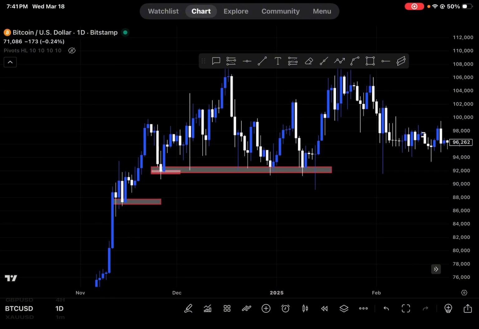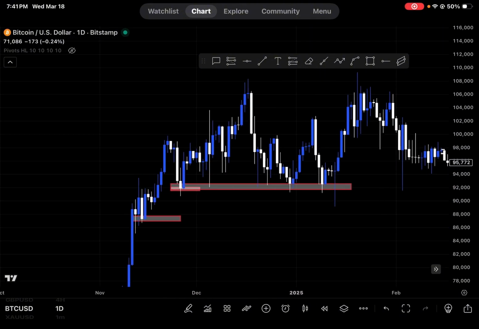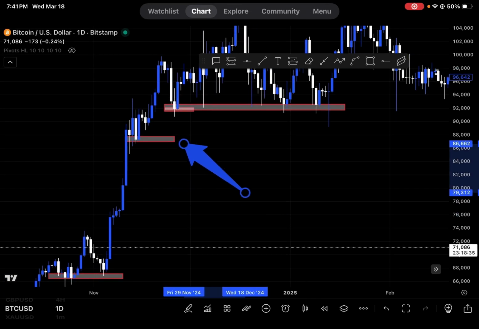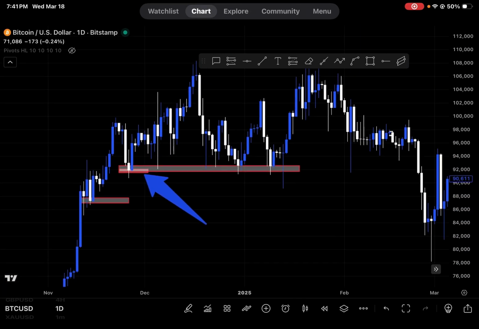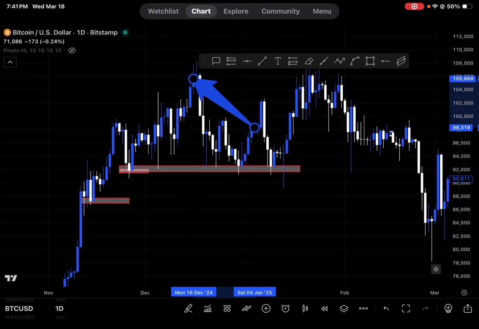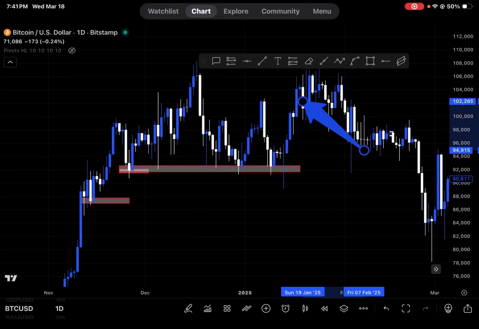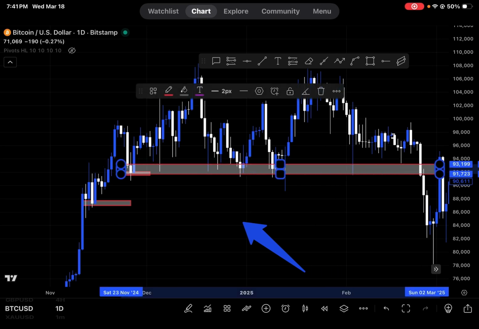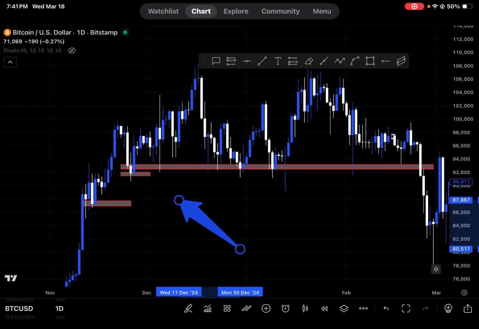So we have price bouncing. Let's call price a ball, right? So we have the ball in our hand, bouncing up and down, and price is unable to break, and we can drag it all the way across here. You see? And I'm talking about the candlestick closure now.